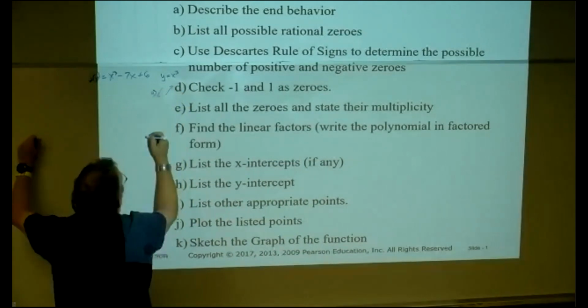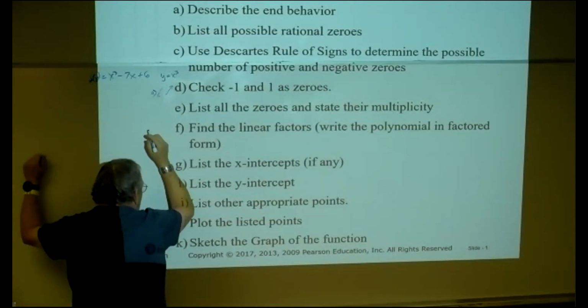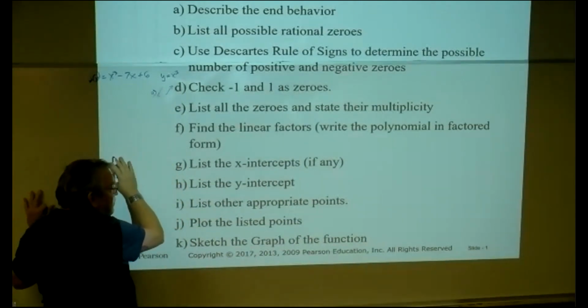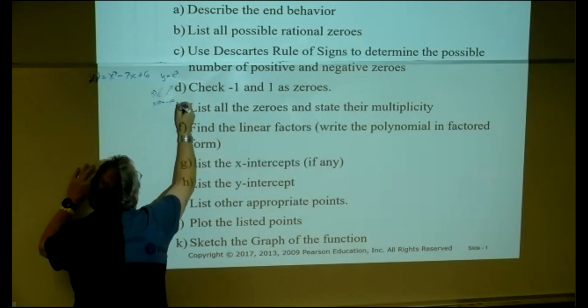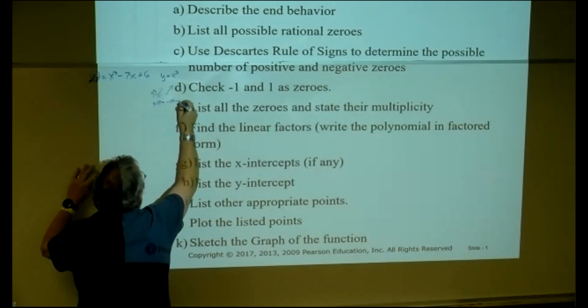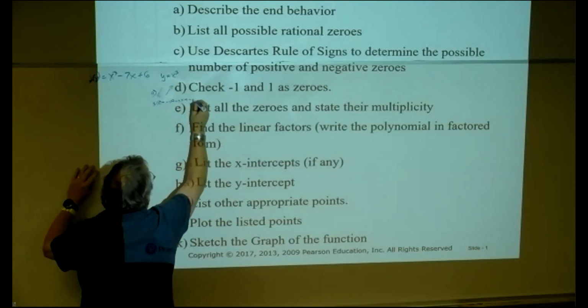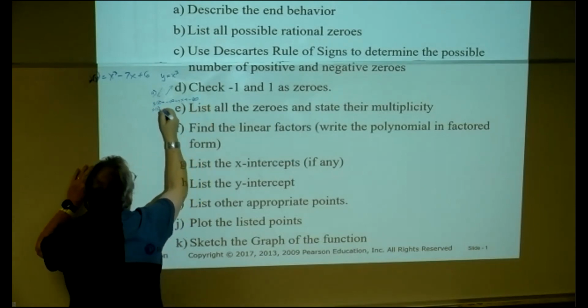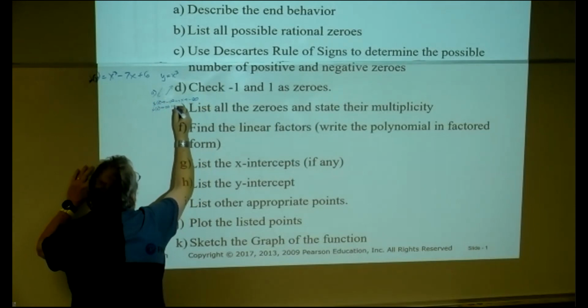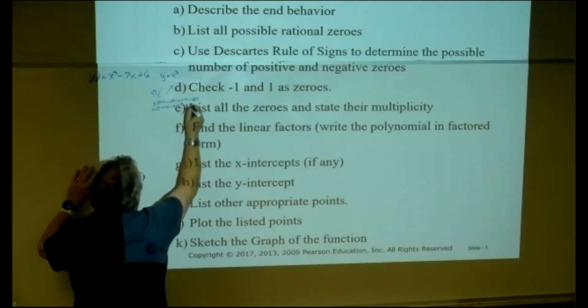You can either write it that way, using the arrows, or you can write it using what you were saying: f of x goes to negative infinity as x goes to negative infinity, and f of x goes to positive infinity as x goes to positive infinity.